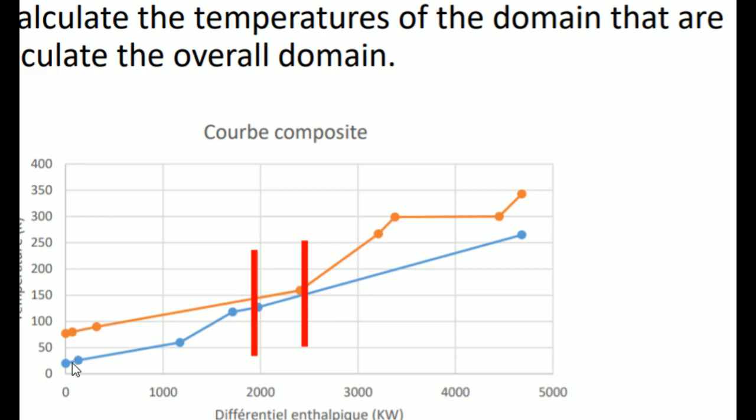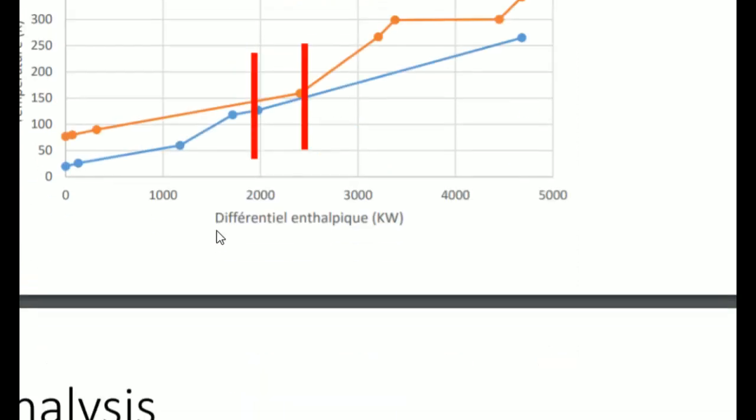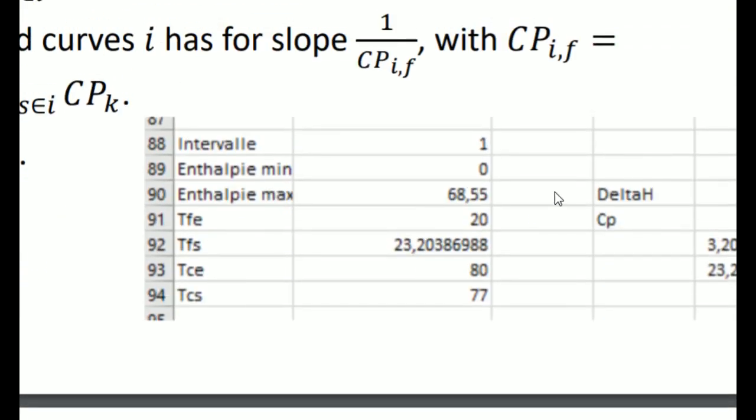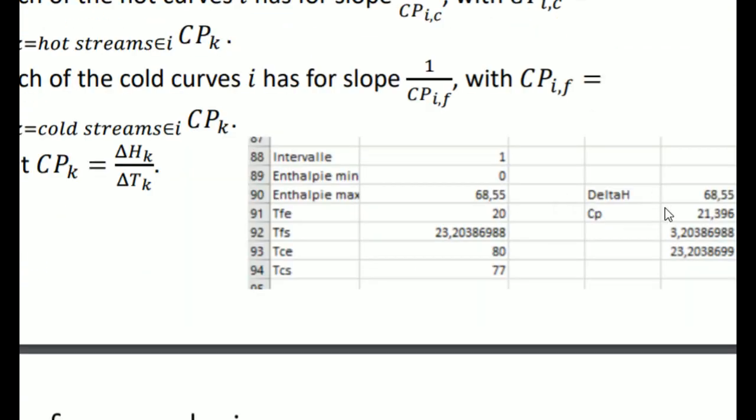We want to find the temperature so that it cuts vertically here. And we know the delta H, we know the CP, so by dividing we get this shift in temperature, so 3 degrees.